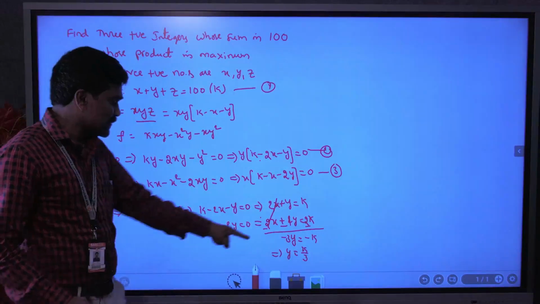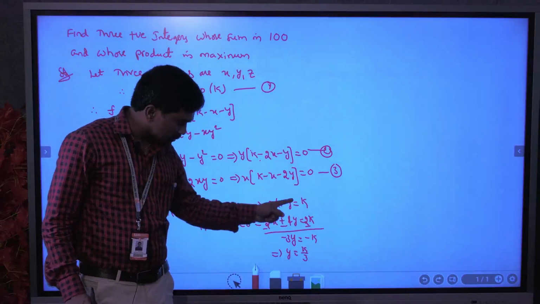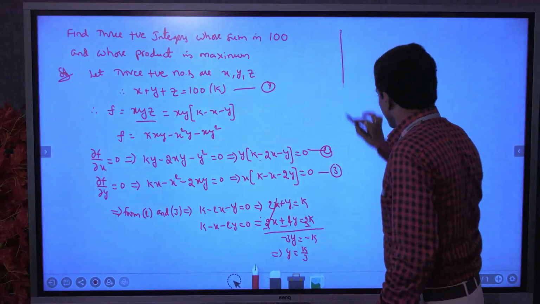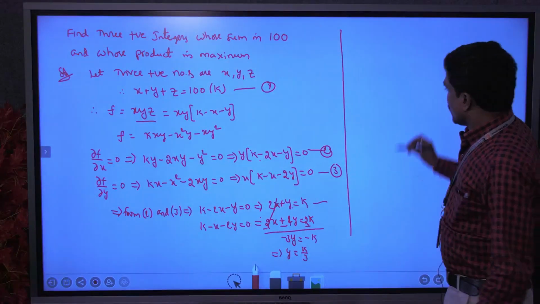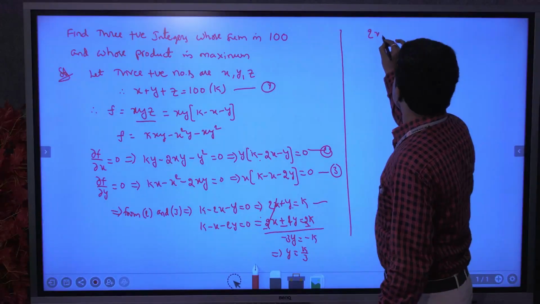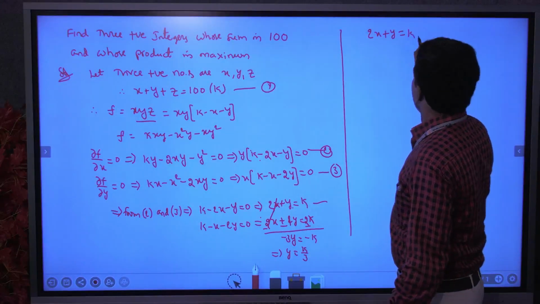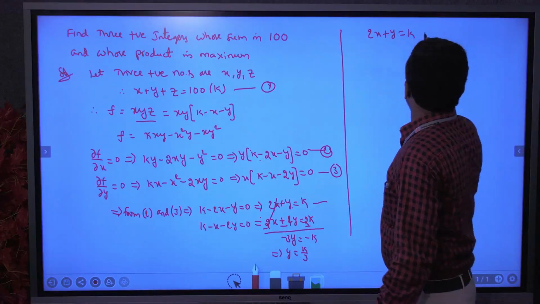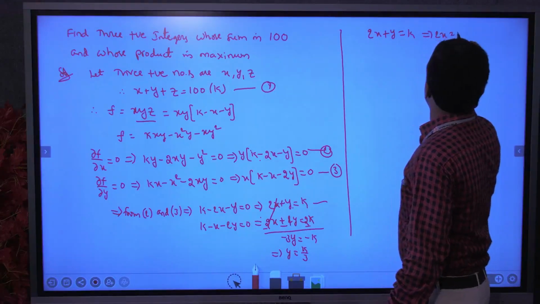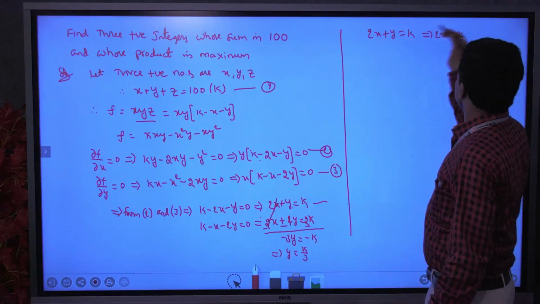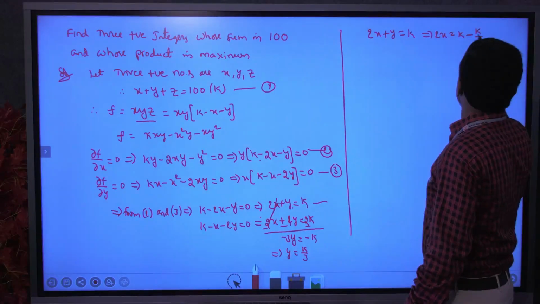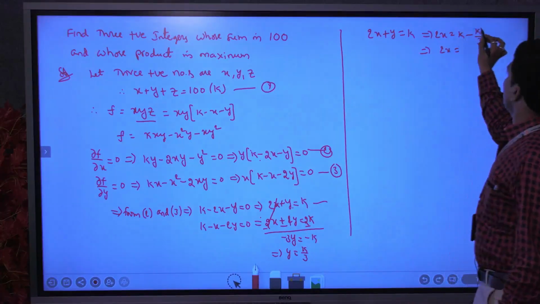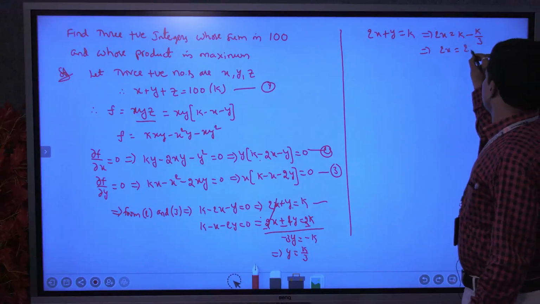Then what is x? Substitute this value in these two equations and we get the x value. Take this equation: 2x plus y is equal to k, but y is k by 3. Substitute here, 2x is equal to k minus k by 3, so 2x is equal to 3k minus k, 2k by 3.